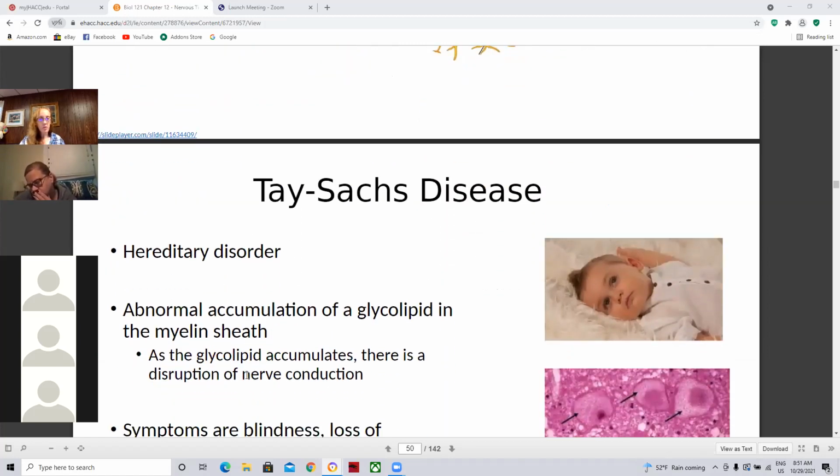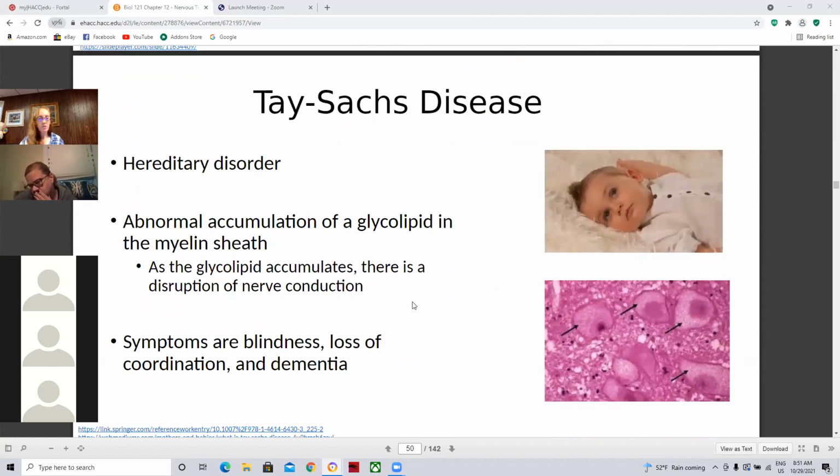Interesting disease with regards to the myelin sheath. Tay-Sachs disease is a genetic disorder that is the lack of an enzyme that breaks down a glycolipid in the myelin sheath.